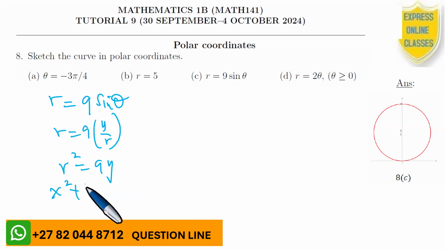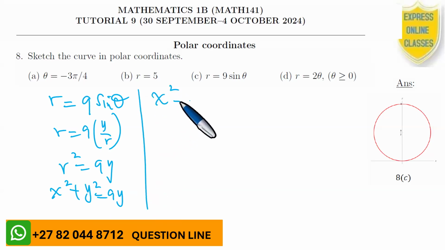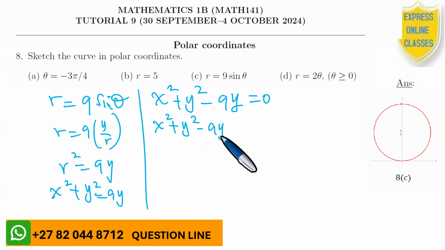Wherever you see r squared, it is x squared plus y squared is 9y. So x squared plus y squared minus 9y is 0, and then we'll be able to get what we need.